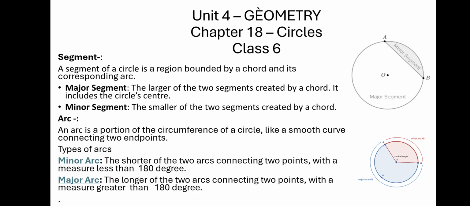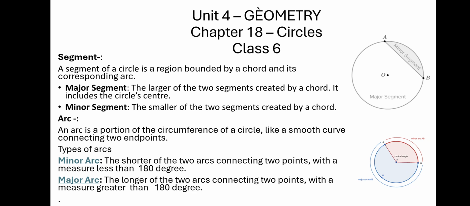Arc. An arc is a portion of the circumference of a circle, like a smooth curve connecting two end points. So here there are two types of arcs. Minor, the shorter of the two arcs connecting two points, with a measure less than 180 degrees, and major, the longer of the two arcs connecting two points, with a measure greater than 180 degrees.